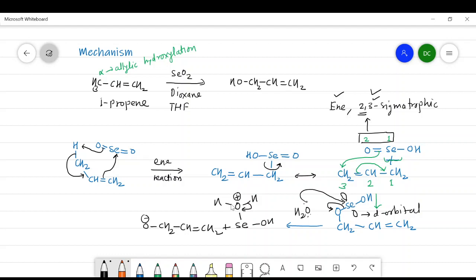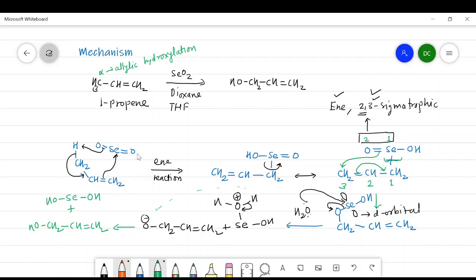This hydrogen is removed as an H plus ion, which is transferred to this oxygen, and finally we get here OH attached to CH2, CH double bond CH2, plus selenium with OH, and here OH.